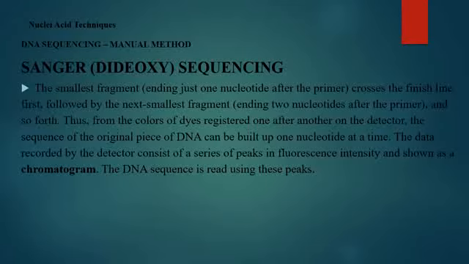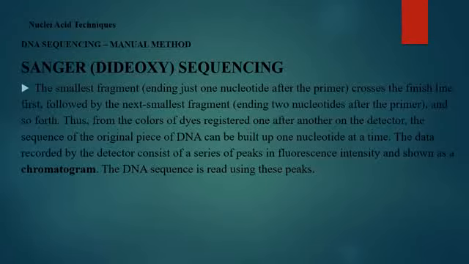Then the next one will be the one that has just 2 nucleotides more, in that order. So thus, from the colors of dyes registered one after another on the detector, the sequence of the original piece of the DNA can be built up one nucleotide at a time.